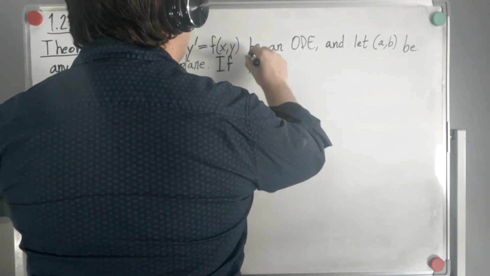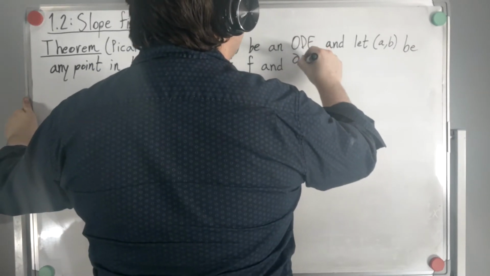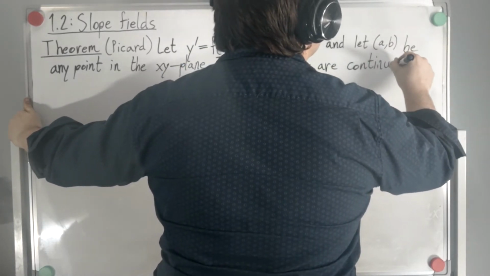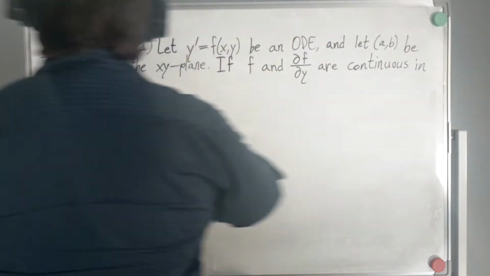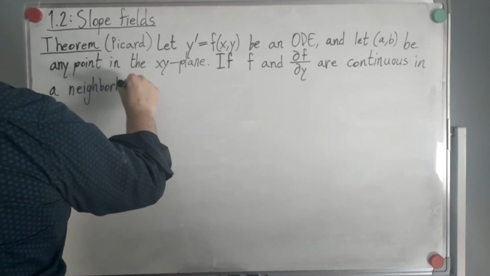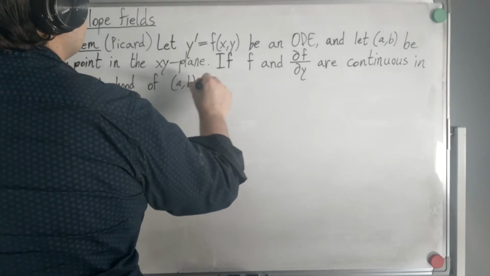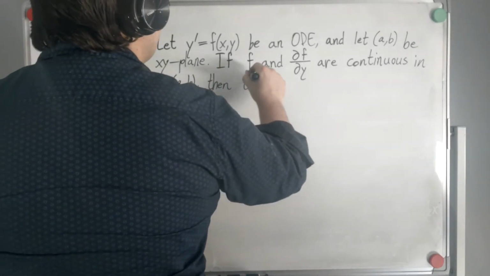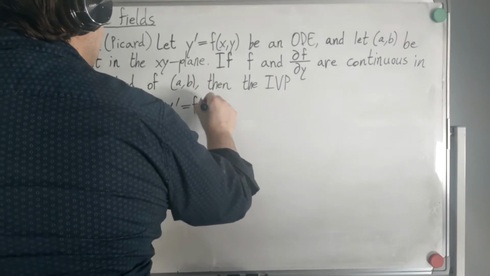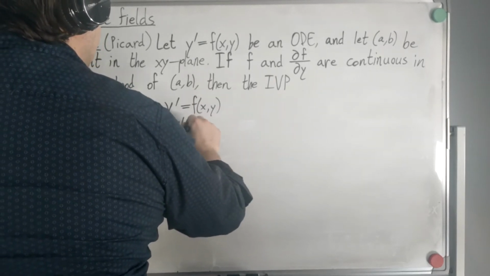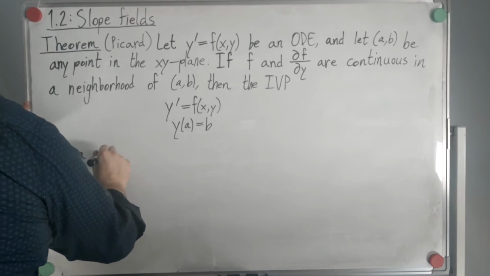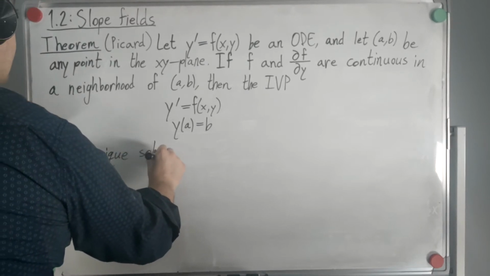If f and the partial derivative of f with respect to y are continuous in a neighborhood of (a, b), then the initial value problem, y prime equals f of x and y, with the condition y of a equals b, has a unique solution on some interval.